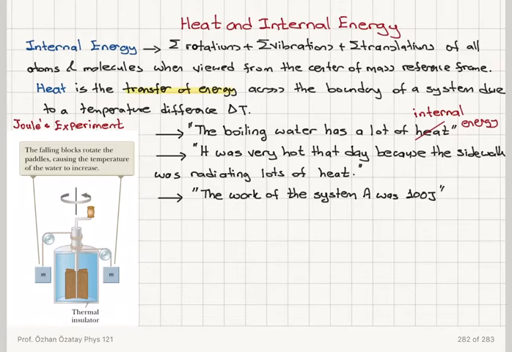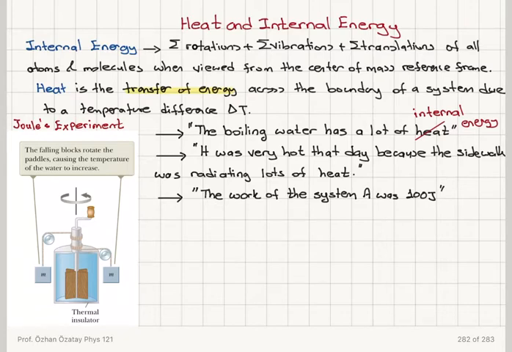It was very hot that day because the sidewalk was radiating lots of heat. Heat is not radiated, electromagnetic radiation is emitted. So we have two ways of transferring energy between two systems, heat and electromagnetic radiation, due to a temperature difference.